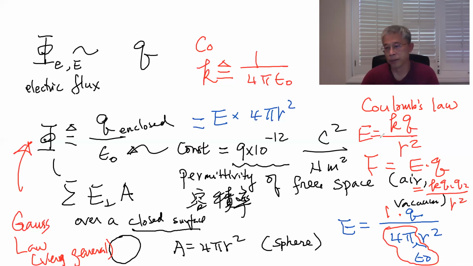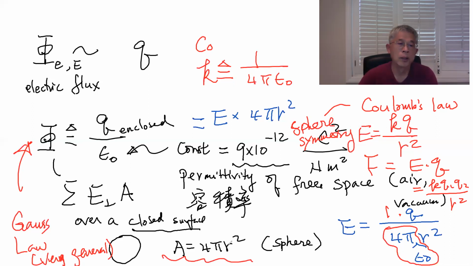So this is part of that Coulomb's law definition, and this is a special case. It's over a sphere symmetry. Okay, sphere symmetry. That's why we can say A is equal to 4 pi r squared when we specialize into this surface here.